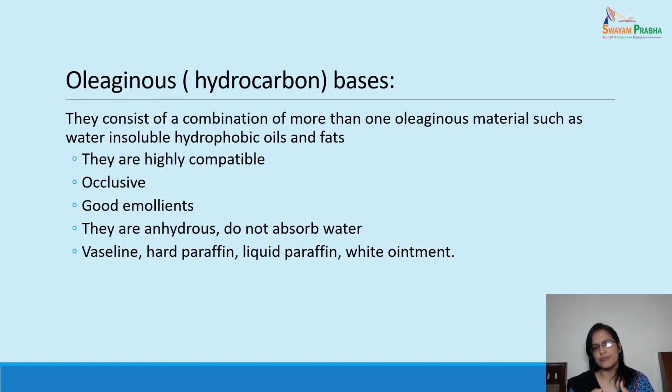They are compatible, occlusive, good emollients themselves, and they are anhydrous, do not absorb water readily, are insoluble in water, and non-washable. Examples are Vaseline, hard paraffin, liquid paraffin, and white ointment. So these are oleogenous bases, and they are used as protective, emollient, and vehicle for solid drugs.